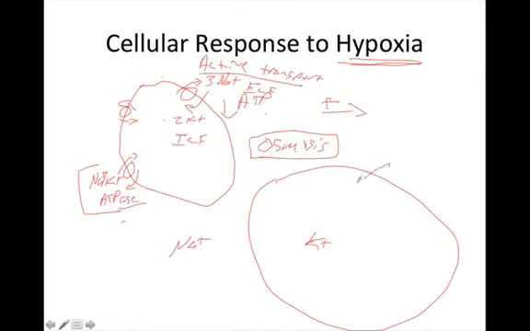That balance is going to shift to favor the influx of water into cells.